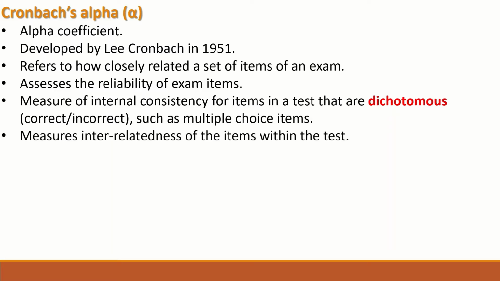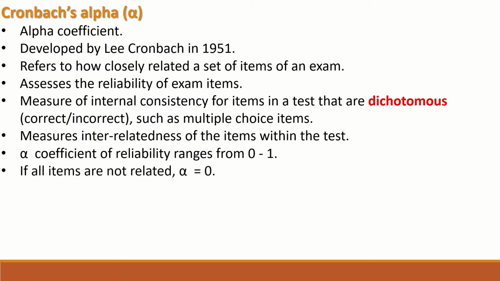Alpha measures the interrelatedness of the items within the test, and the alpha coefficient of reliability ranges from 0 to 1. If all the items are not related, then alpha will be equal to 0, and if all of the items co-vary, i.e. are related, then alpha is close to 1.